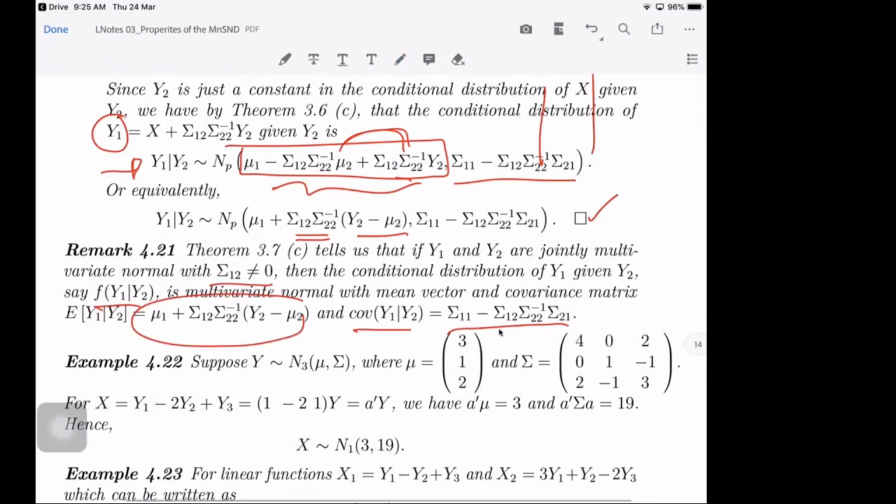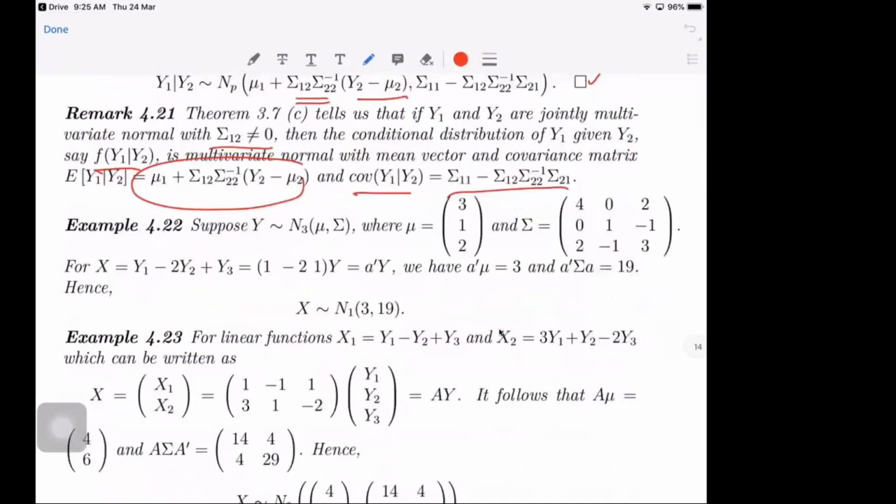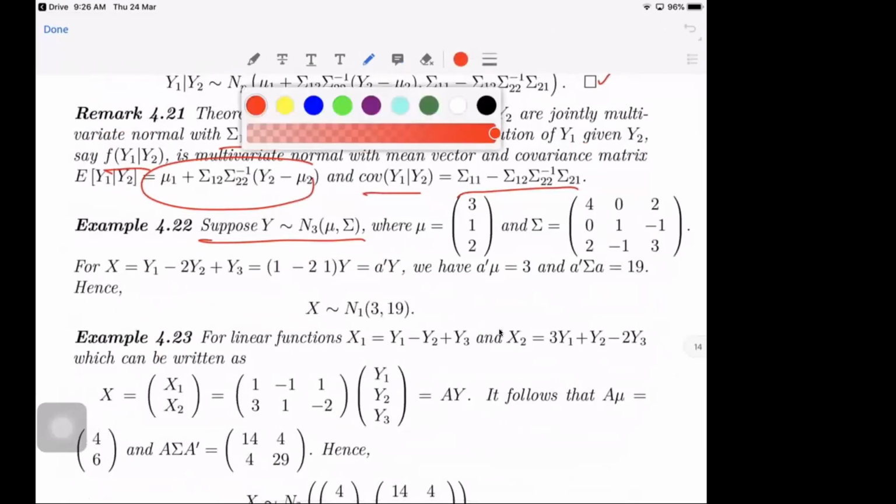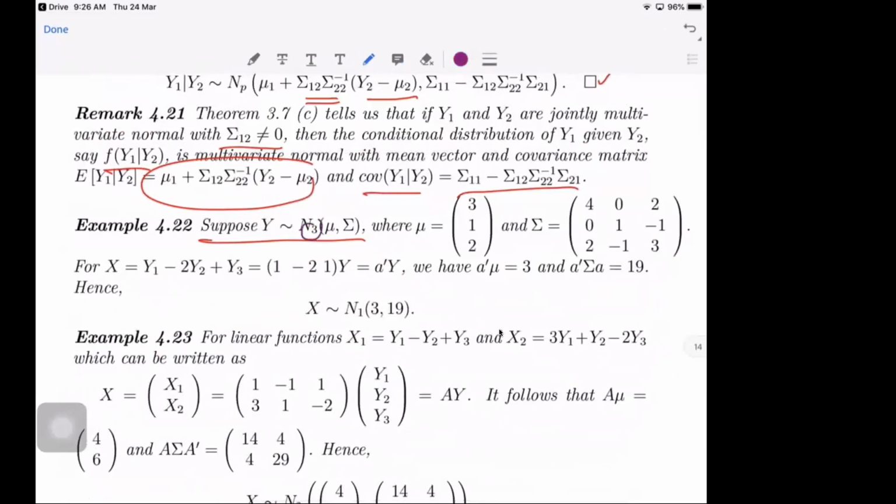Say, let's have this example. Suppose your y is normally distributed. 3 here means it's a 3x1 vector, a 3x1 vector with mean mu and covariance matrix sigma.